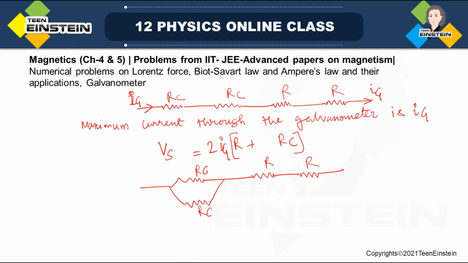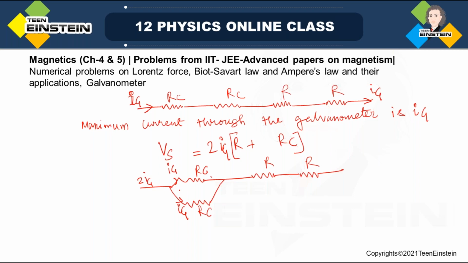This is the first galvanometer, this is the second galvanometer, it doesn't matter. Now look, both the galvanometers will allow only current Ig. Whatever current it may be, this is actually 2 Ig. So that 2 Ig current will be divided into Ig and Ig.